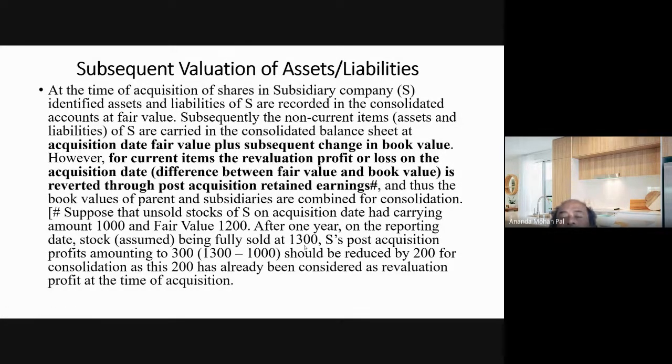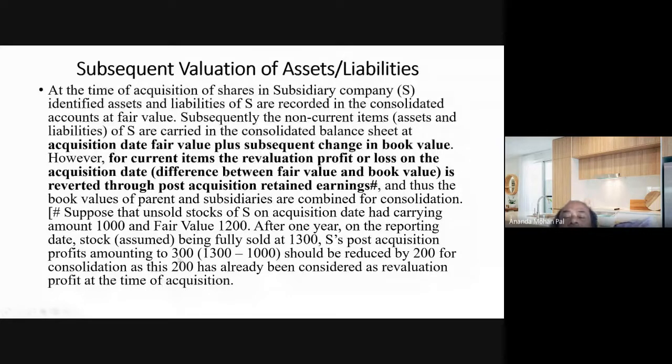Stock would not remain in the same position like fixed assets. It was sold, and it was sold even at a higher price, not at 1,200 but at 1,300. So the post-acquisition profit amounted to 300. Now, these 300 should be reduced by 200 for consolidation, as this 200 has already been considered as revaluation profit at the time of acquisition.